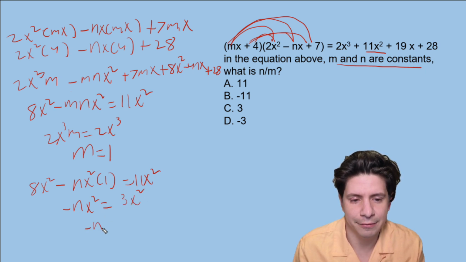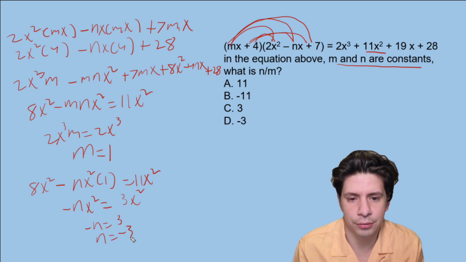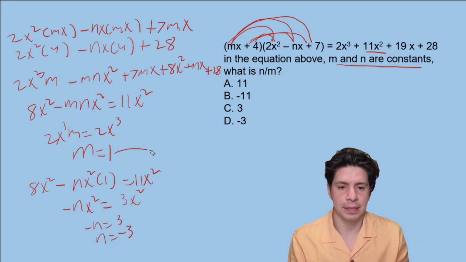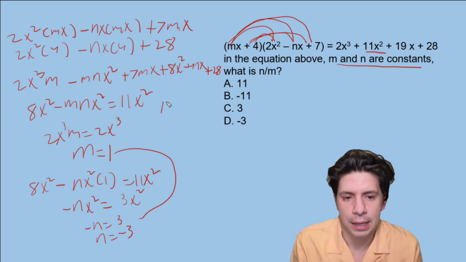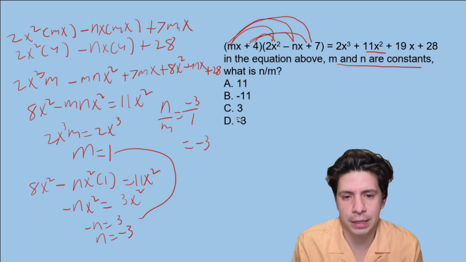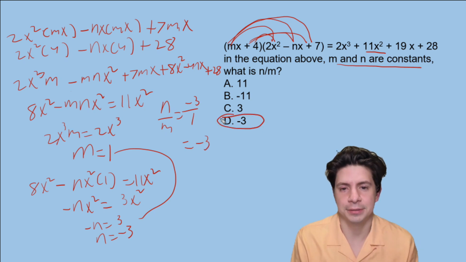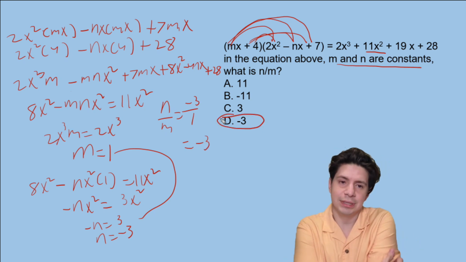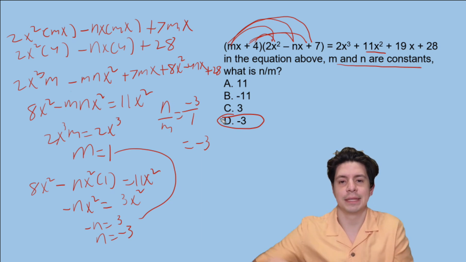So negative n = 3, n = negative 3. So n over m equals negative 3 over 1, which equals negative 3, and that is D.